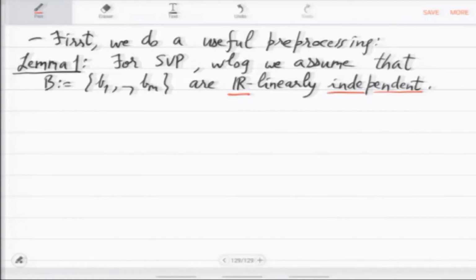But in this lemma we will show that if there is a dependence amongst B1 to Bm, then you can reduce the input instance from m to m minus 1. And if again there is a linear dependence, you can reduce it to m minus 2 and so on. So you can work with a smaller instance. One important assumption here will be that these are integral. This will be important in the proof, that we start with the integral vectors.